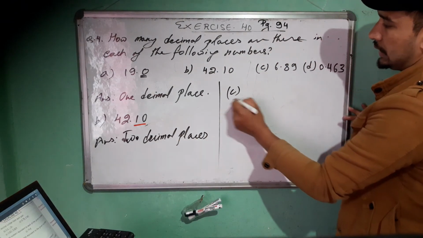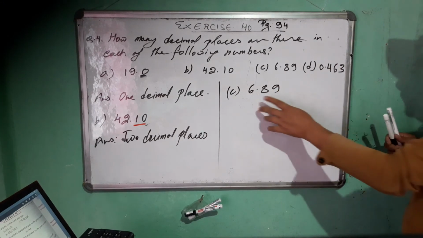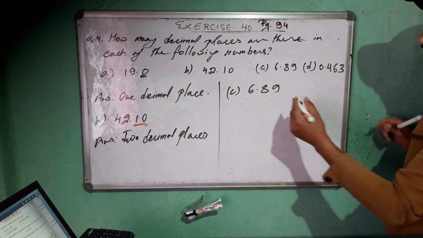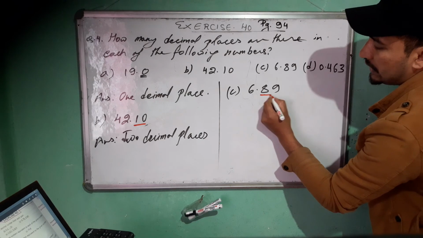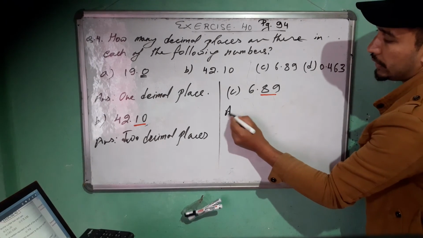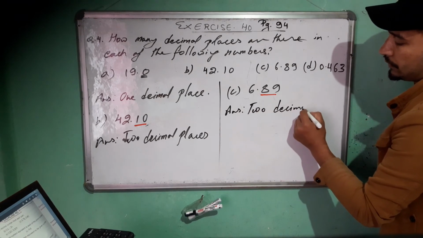Next, number C, 6.89. You have two digits. Sorry, you have to read 6.89. Okay, don't read 89. That I have already explained in previous video. So you have two digits after the decimal. So answer will be two decimal places.